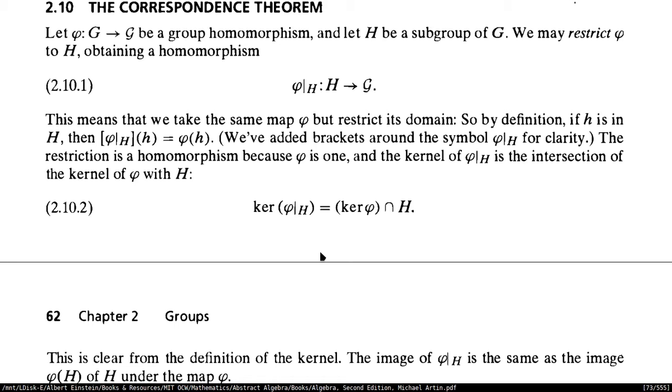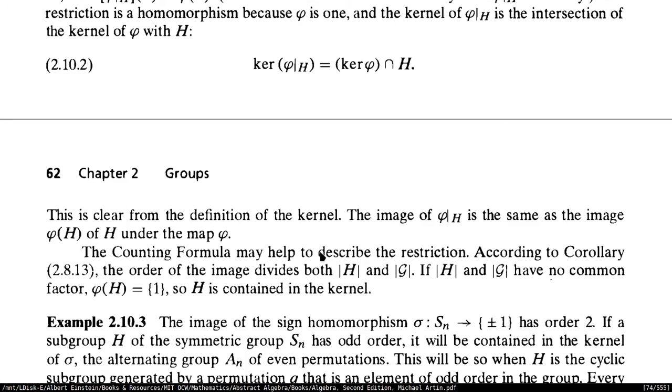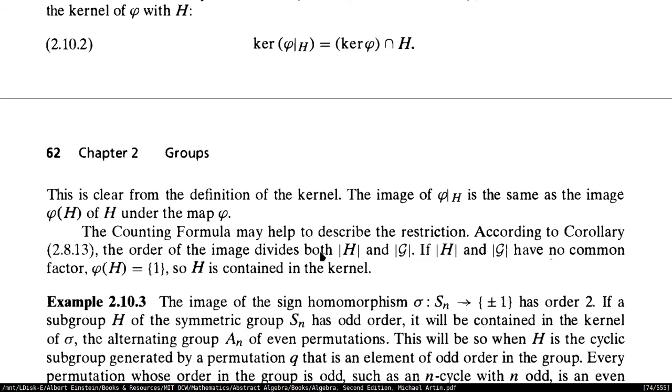And the kernel of this restricted homomorphism is equal to the kernel of the original homomorphism intersected with the subgroup, right? And that makes sense, because of course the image of the restricted homomorphism is going to be the same as phi of H under the original map, right? Okay.